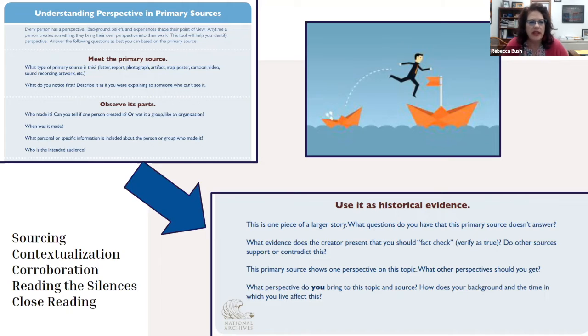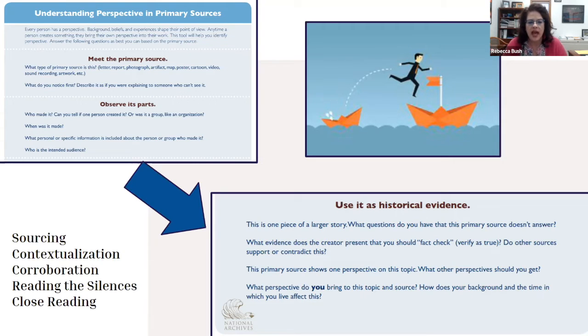And usually the questions start at a DOK1 as far as cognitive rigor. And hopefully they build, right, in levels of rigor and complex thought.